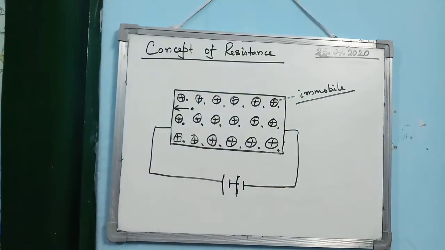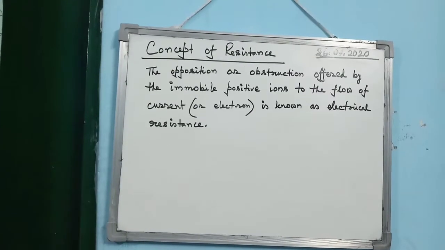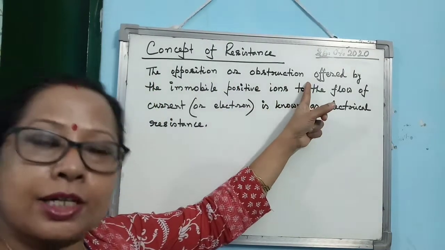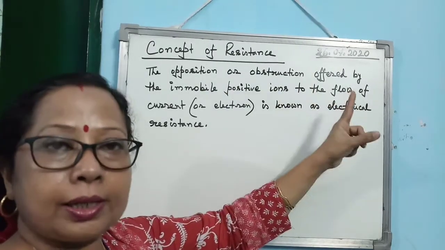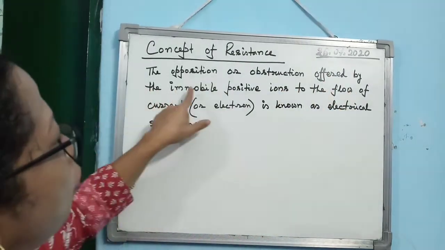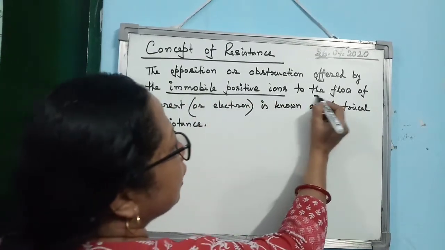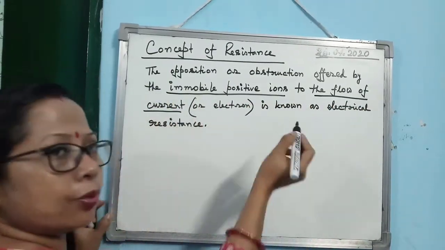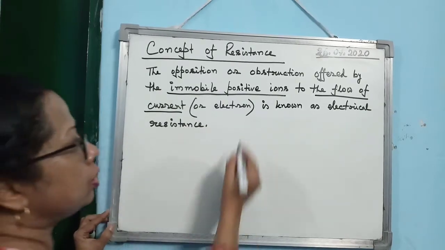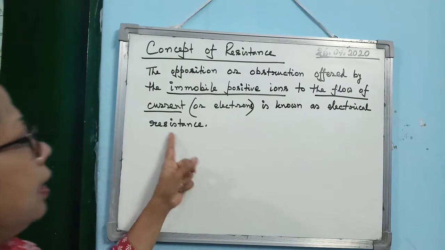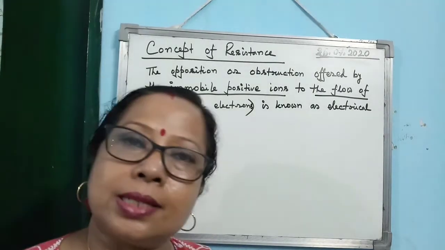So how can you define resistance? The opposition or obstruction offered by the immobile positive ions to the flow of current, or you can say the flow of electrons, is known as the electrical resistance.